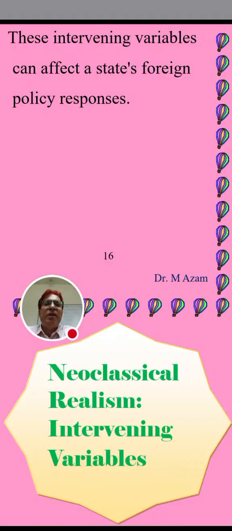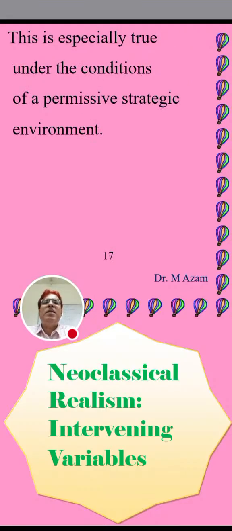This is especially true under the conditions of a permissive strategic environment. Permissive strategic environment means when there are not much pressures on a state. It means the state has more leverage, more options to respond to the external stimuli.